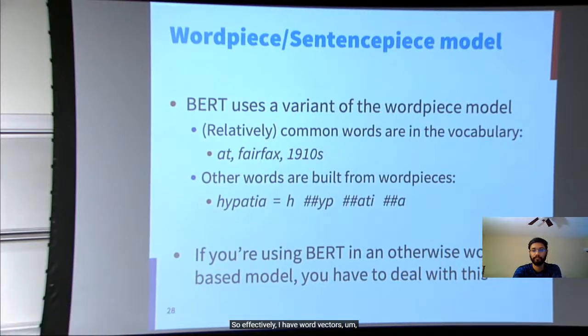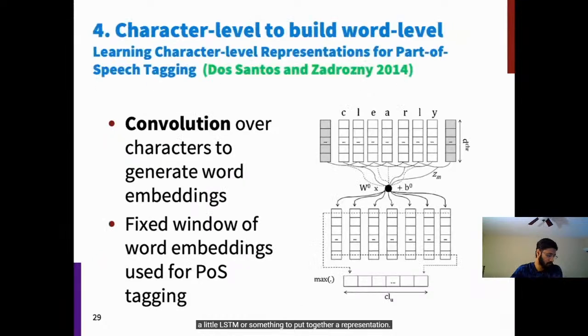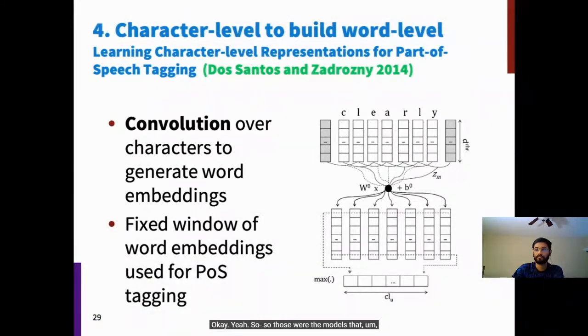So effectively I have word vectors for 4 word pieces, and then I have to work out what to do with them. The simplest and quite common way is I just average the 4 of them, but there are obviously other things you could do. You could use a convnet and max pool, or you could run a little LSTM or something to put together a representation.